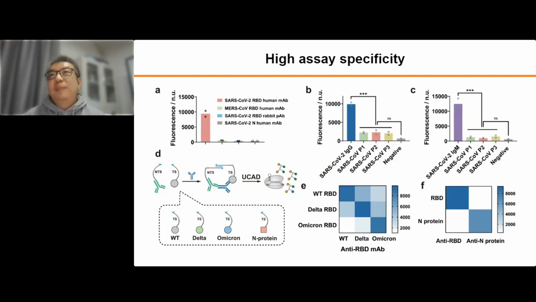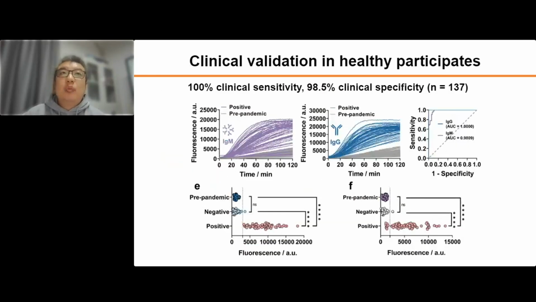So once we confirmed this assay is extremely sensitive and specific, we validated it with healthy participants. There were a total of 137 healthy participants. We found that our assay is extremely sensitive, that it can differentiate the healthy participants that have been injected with 2 doses of vaccine from the unvaccinated group.